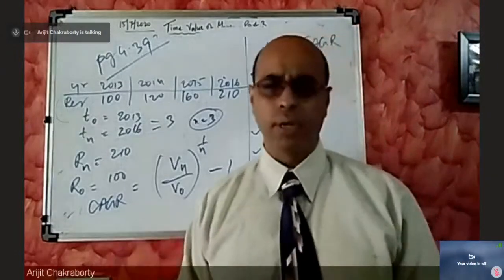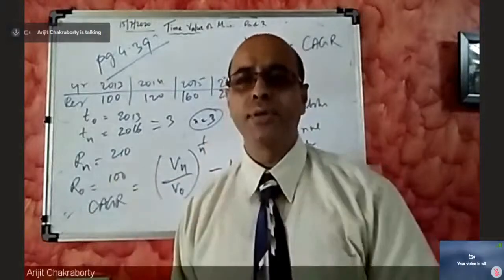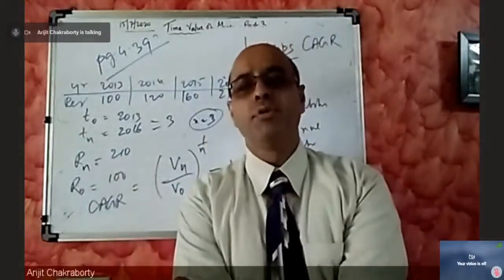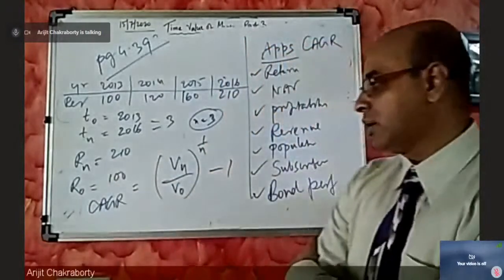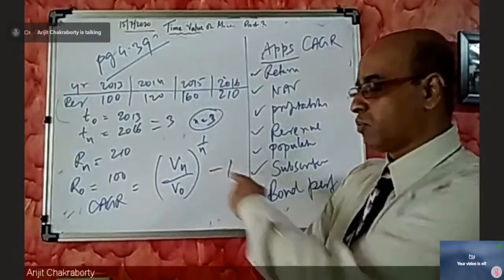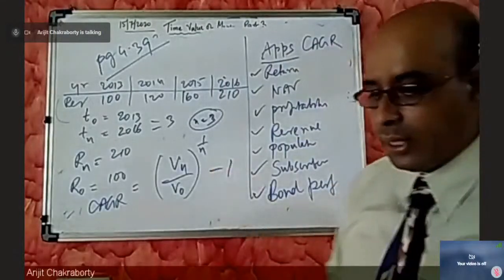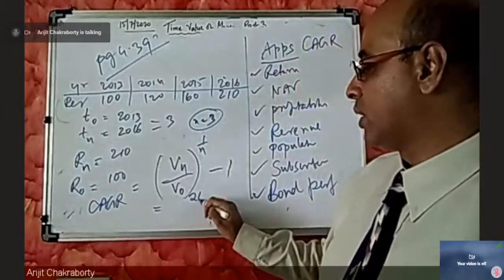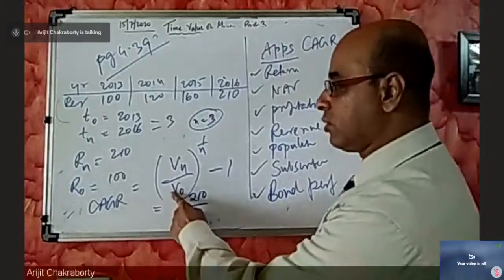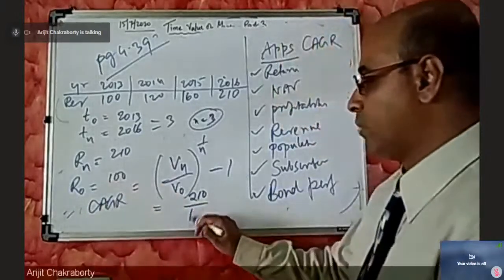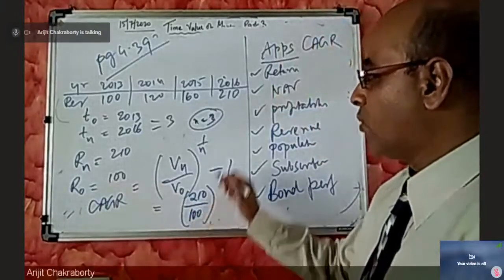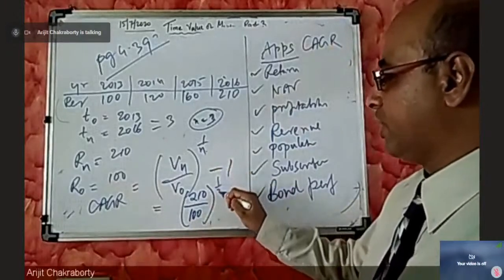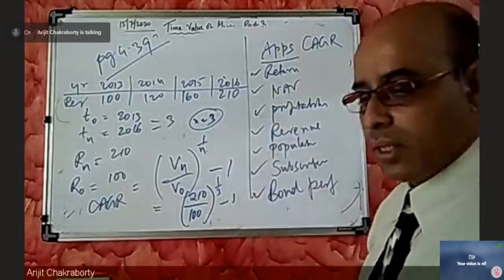Simple formula. You have dealt with more complicated formulas before. Vn by V0 to the power 1 by n, minus 1. In this case, Vn is 210 and V0 is 100, so 210 by 100 to the power 1 by 3, minus 1.